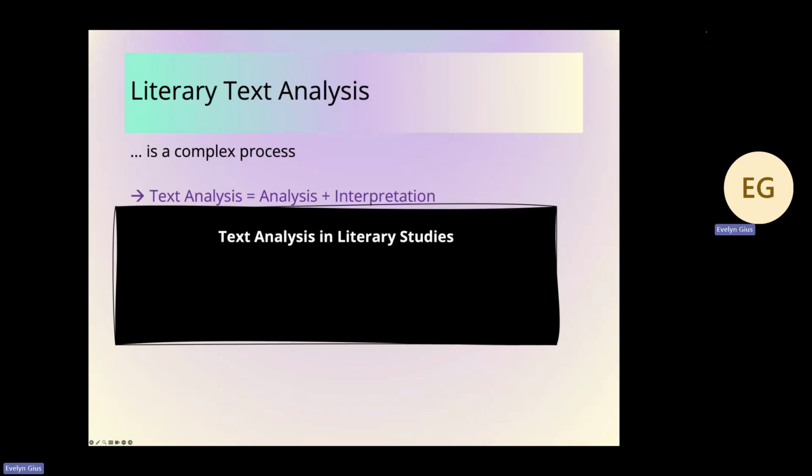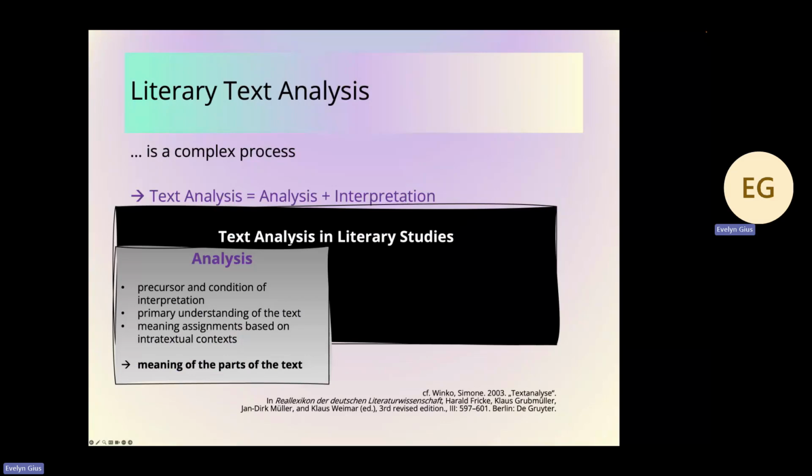Right, so it's a black box, but it has two parts that go in. We have the part of the analysis, which is basically like a preparatory step for the interpretation. It helps people develop a primary understanding of the text, and it assigns meaning to texts in very small portions. So it's not the overall sense of the text, it's mainly the meaning of the parts of the text.